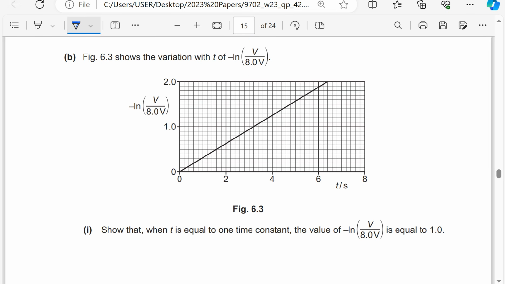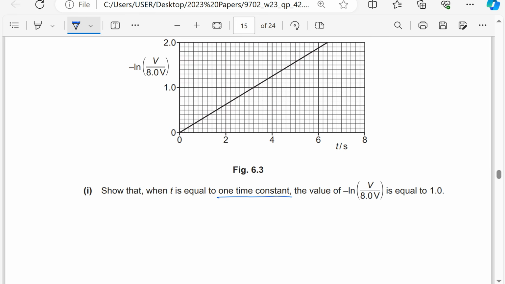The figure shows the variation with t of negative ln of V over 8.0 V. Show that when t is equal to 1 time constant, the value of negative ln of V over 8.0 V is equal to 1.0.